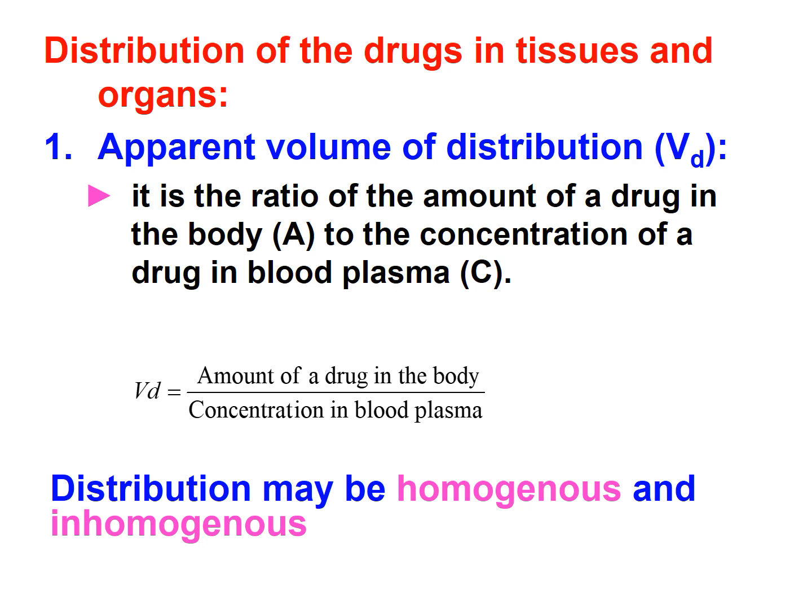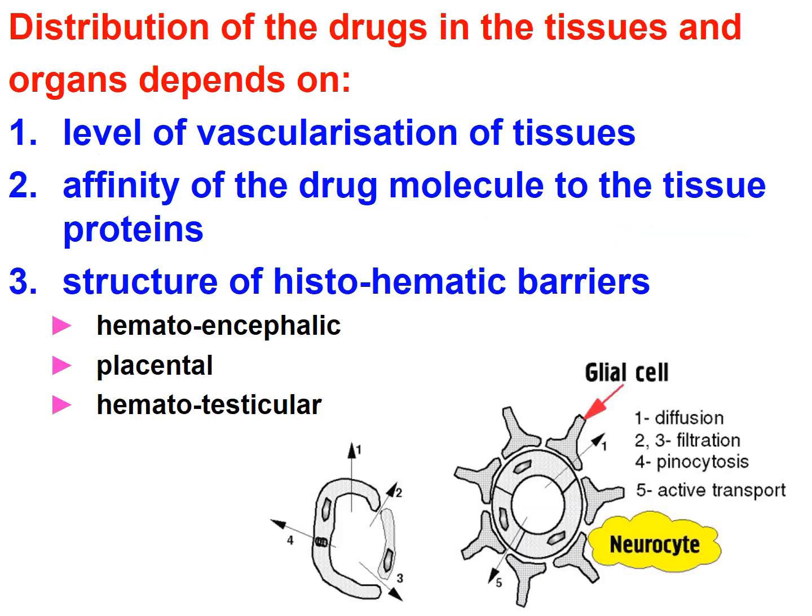But when the concentration is higher in the blood, for example, when the drug cannot be delivered in high amounts to the different cells, different tissues, this results in the accumulation of the drug molecules in the blood plasma, and in this situation we have fewer drug molecules in peripheral tissues, and we have significant differences in the concentrations of the drug molecules in different parts of the body. And in this case we say that the distribution is inhomogeneous.